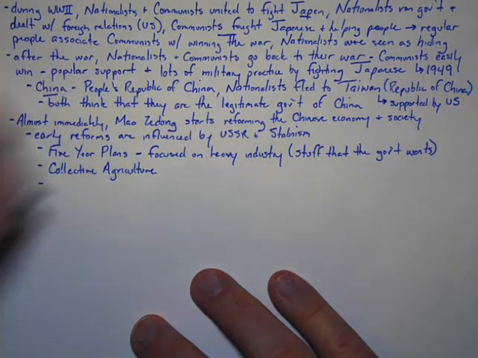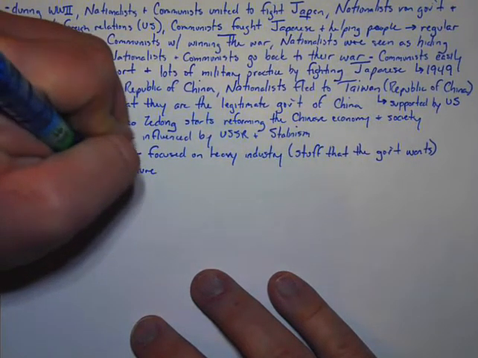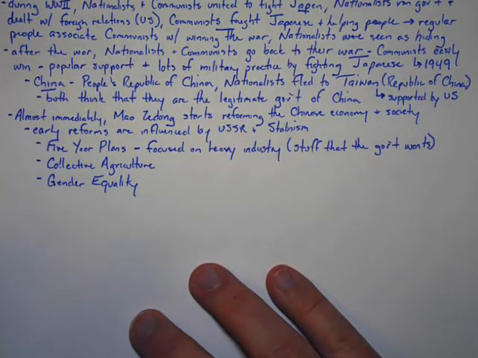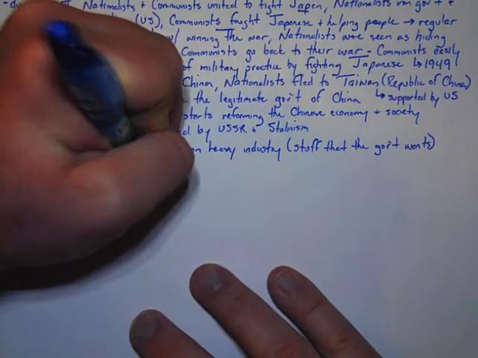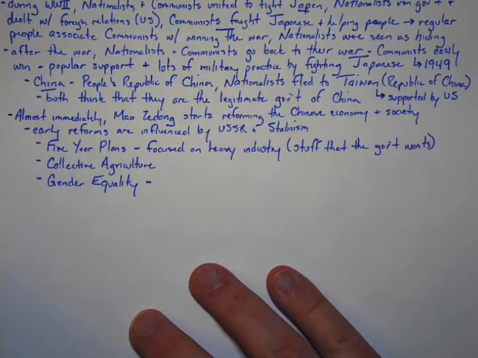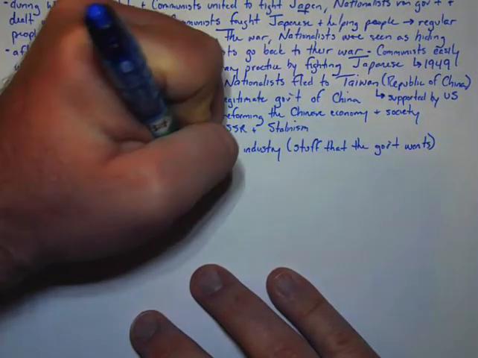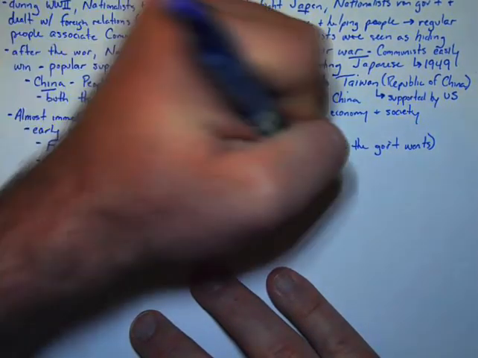But we also see a lot of laws passed towards gender equality. Over this course, we've seen how patriarchal China is, and the socialists and the communists are very, very egalitarian when it comes to the roles of gender. So a lot of things change overnight for women. So child marriages and forced marriages are abolished.